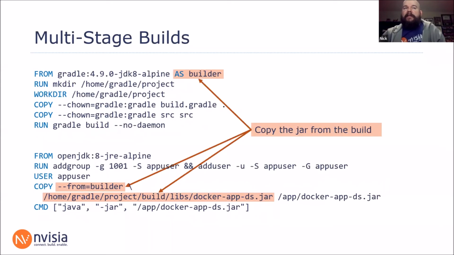So we do that by specifying that this first image, we're going to give it a tag of builder. Then in the copy, we're going to say from builder, so from this image above, I want to copy in this jar file. So this is that working directory that we specified, plus that relative path on it where it was in build libs, and we're going to copy that over here.